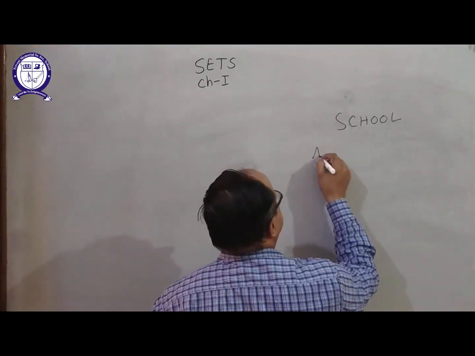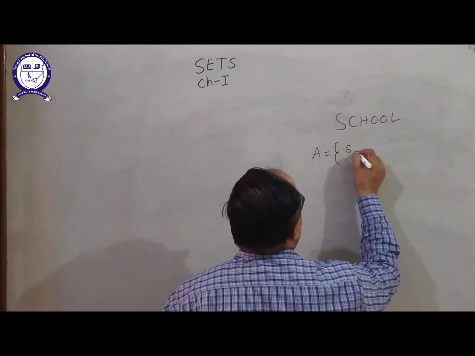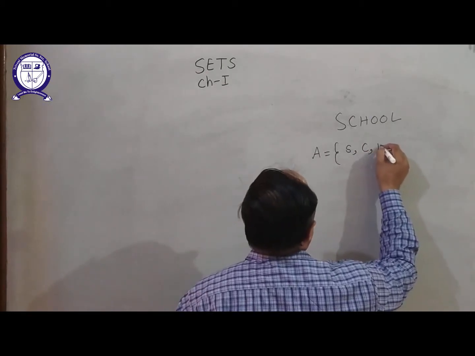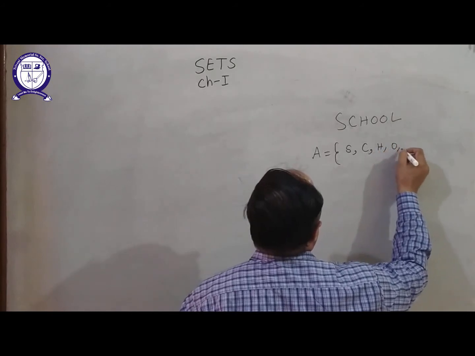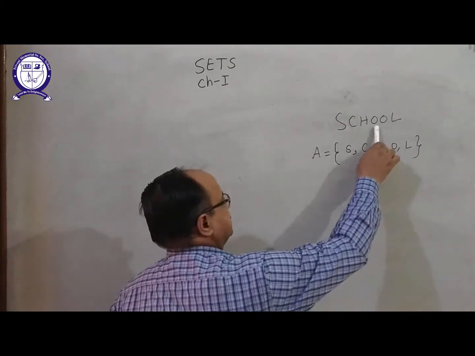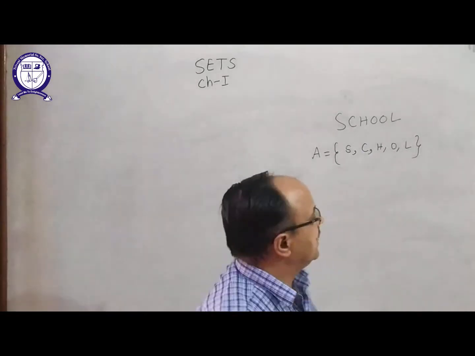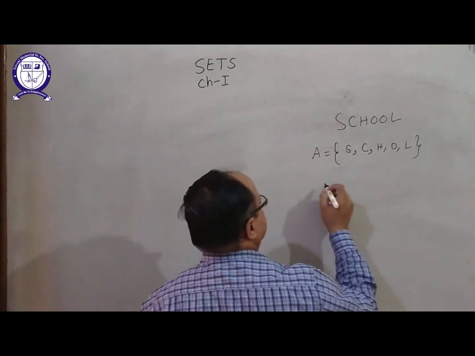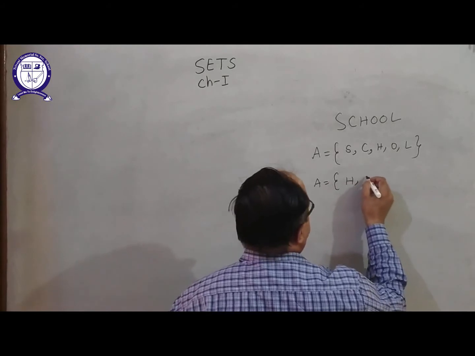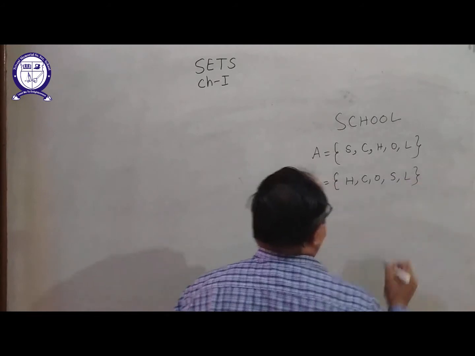So you can write S, C, H, O and L. But you know that the letter O is repeated. Letter O is repeated two times, so you write it here one time only. You can write in any order. You can write also {H, C, O, S, L}. Clear?